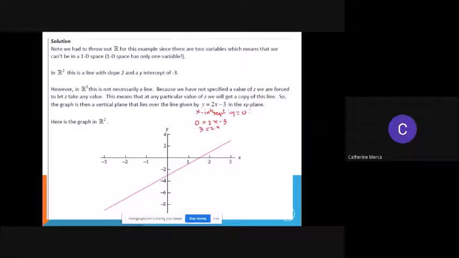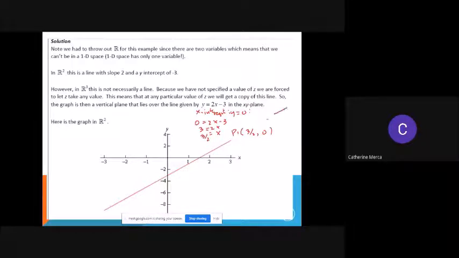So you will have x equals 3 over 2. So the point you get is x equal to 3 over 2 and y equal to 0. Remember that when you draw a line, you need at least 2 points, right? 2 points to be able to draw a line.